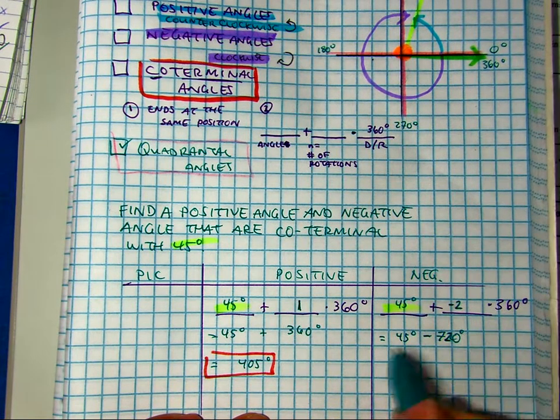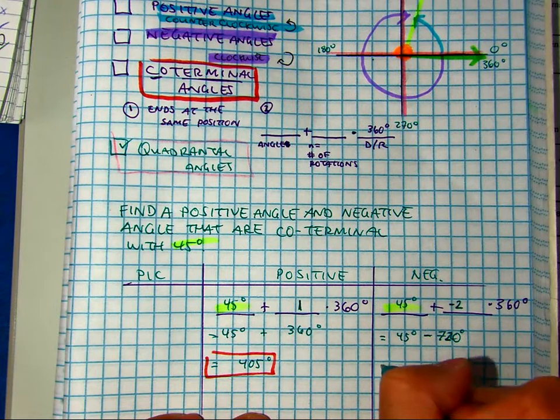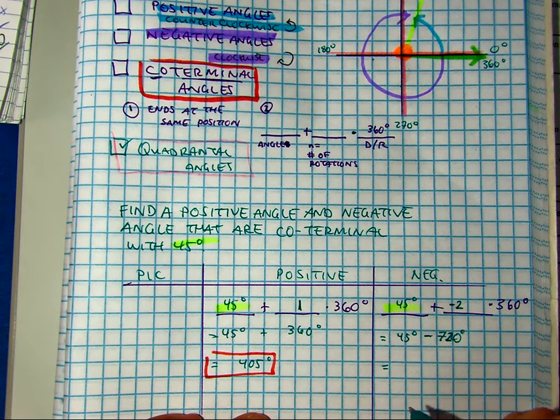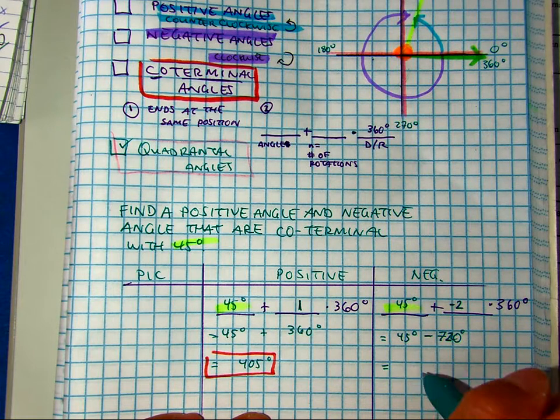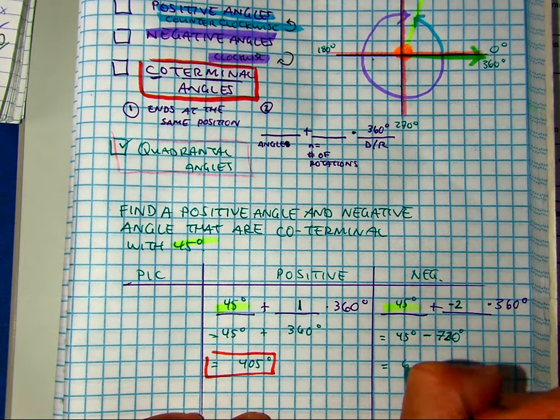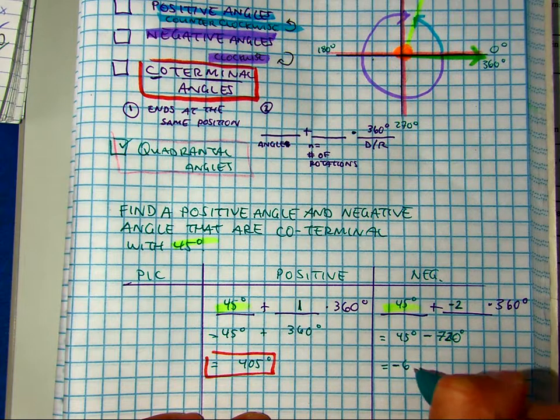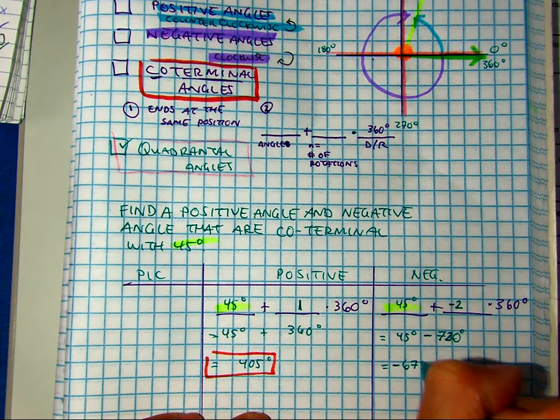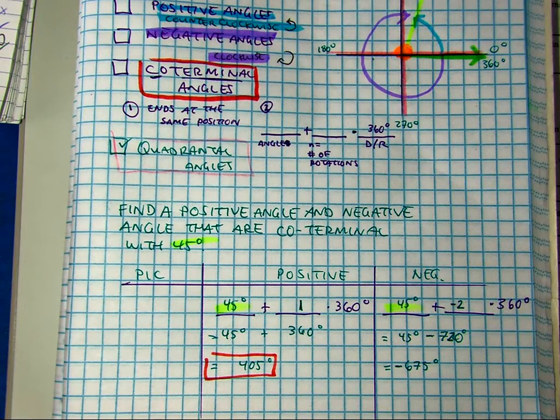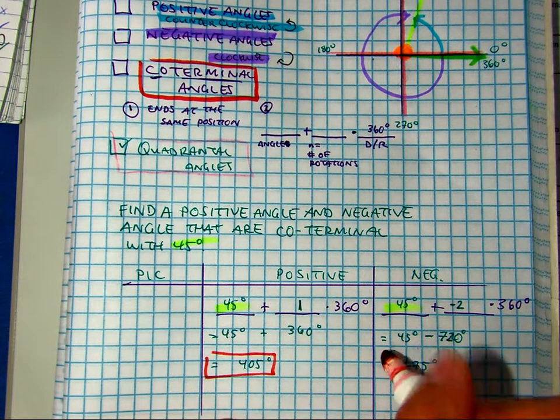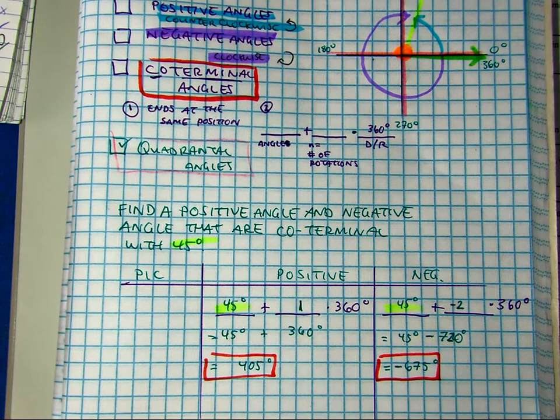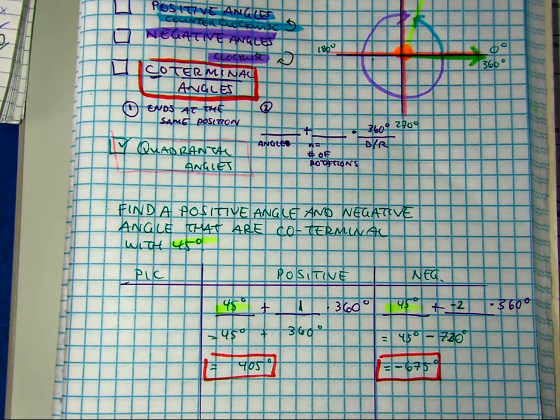So 45 minus 720 gives us? -675, right? So here I have produced one positive and one negative angle. If I had to summarize it, basically you're just adding or subtracting 360.